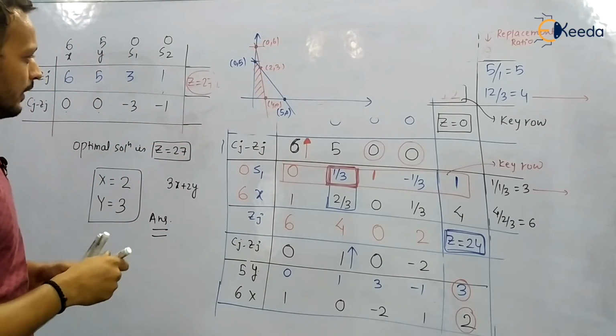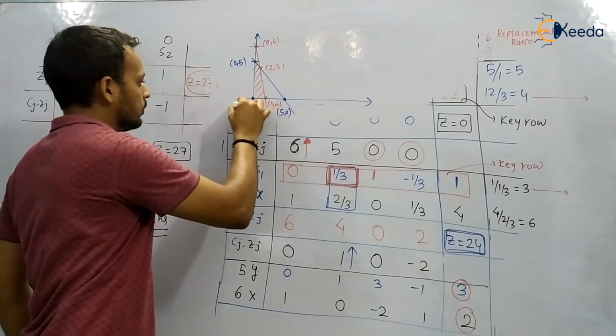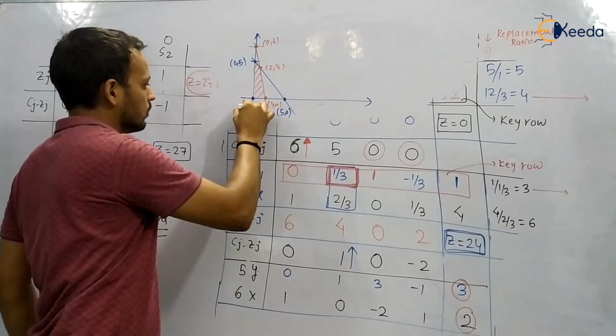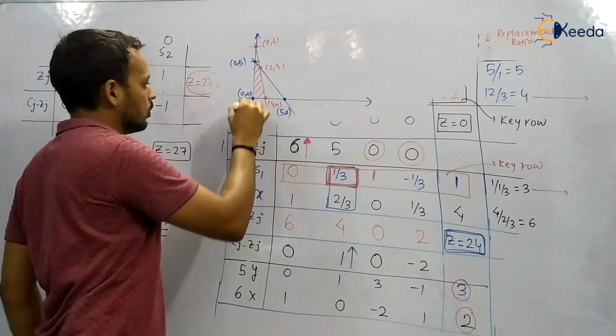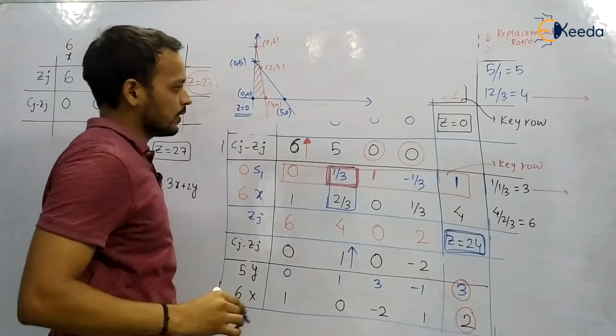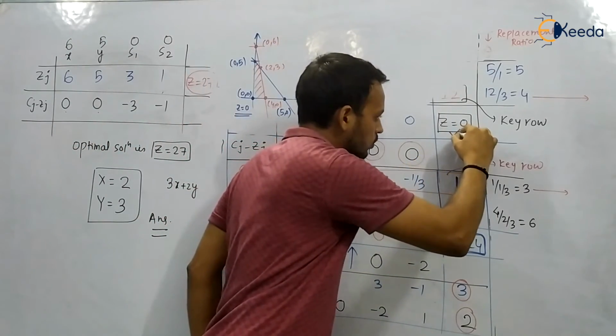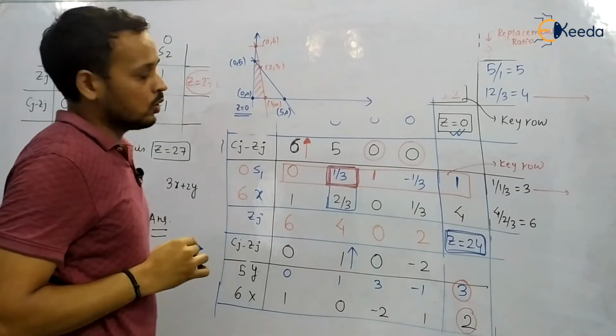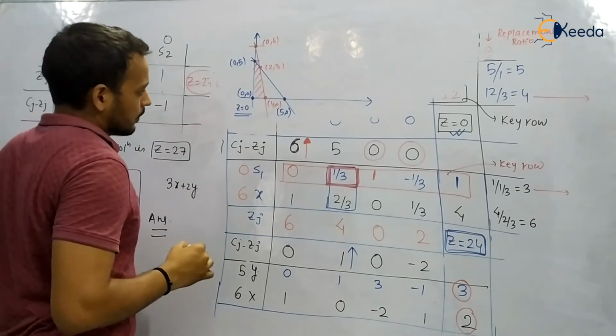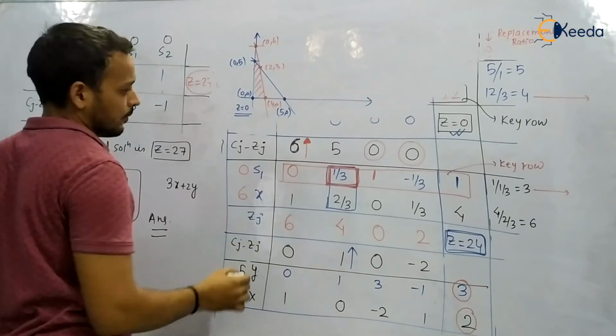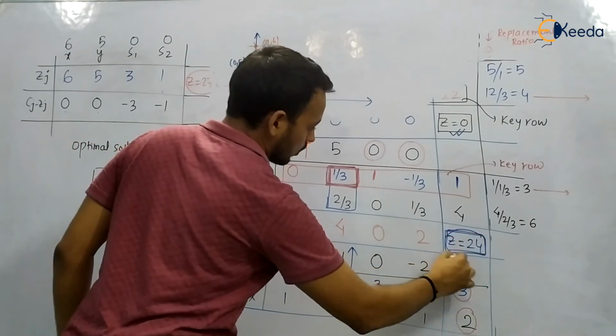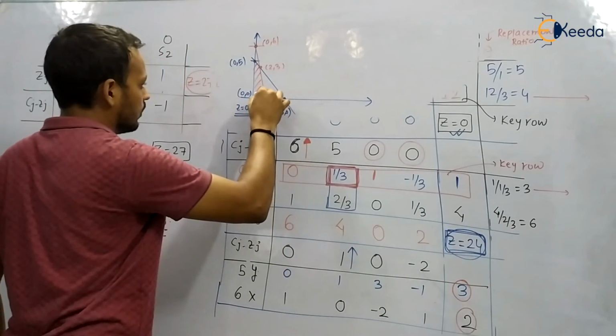So you can see that one of the corner points was 0, 0, and the value was z equals to 0. We got z equals to 0 in our first iteration. In the second iteration, the value was 24. You can check the value at 4, 0.